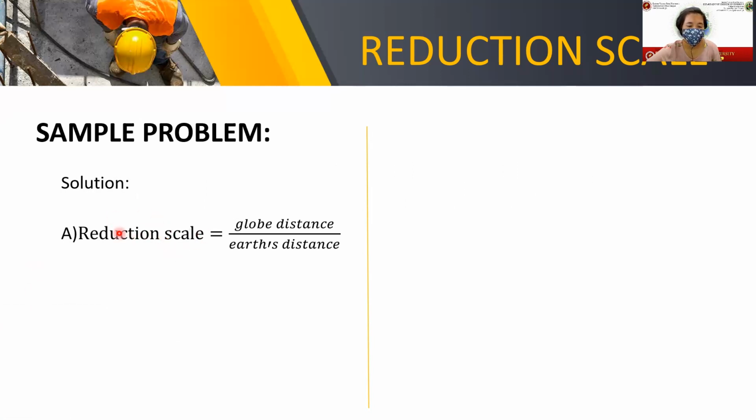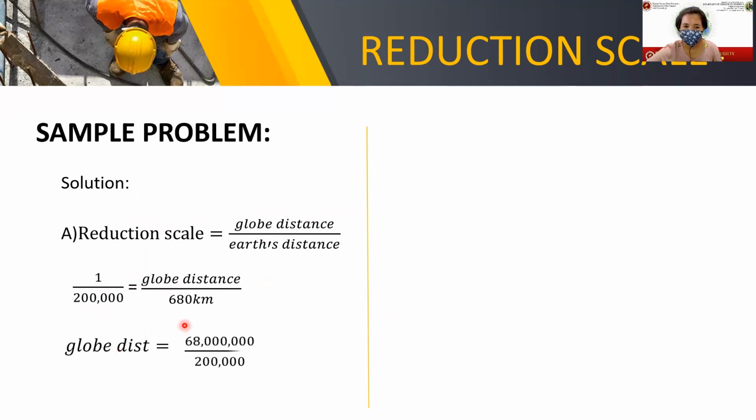Since given na yung ating reduction scale, which is equal to 1:200,000, we have the Earth distance of that road, which is 680. Then we can compute na directly the globe distance. So by just cross multiplying, we can determine the globe distance by multiplying 1 times 680 over 200,000.